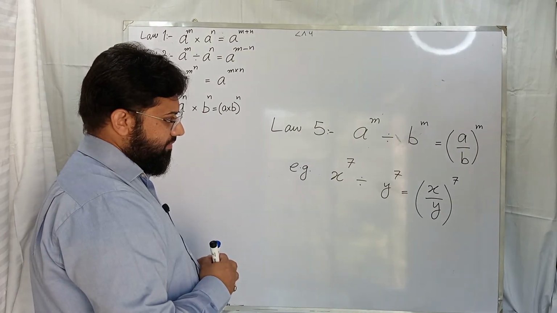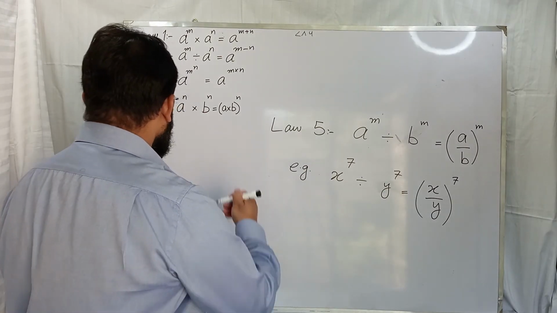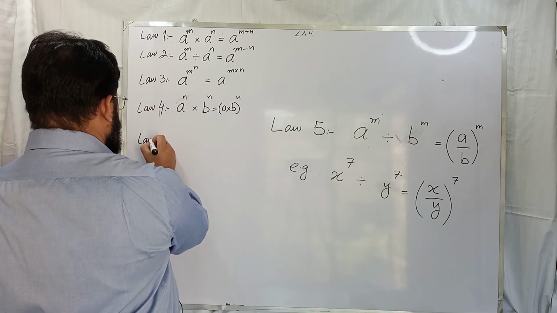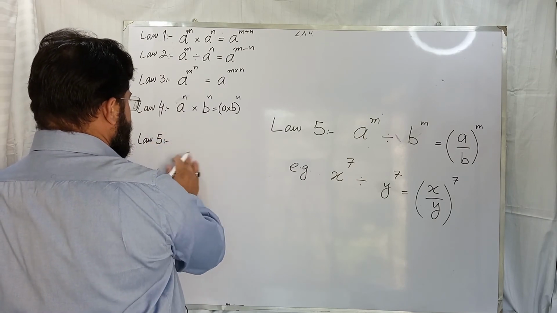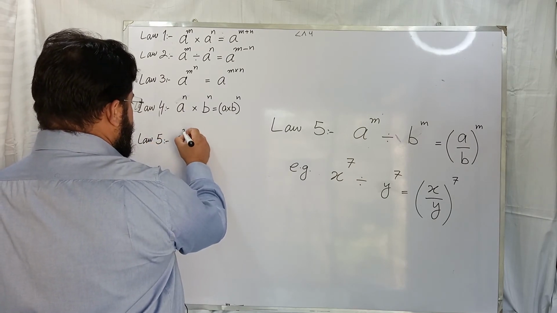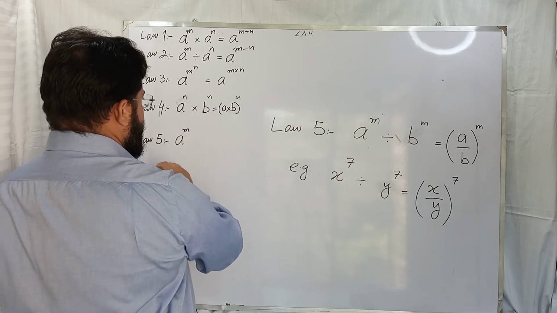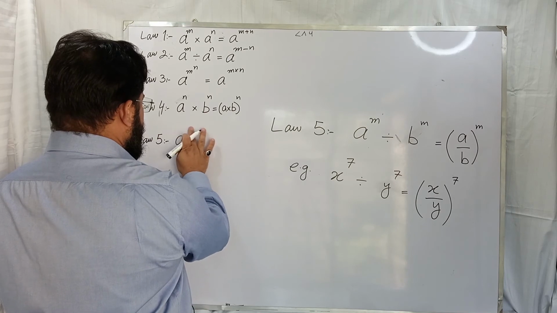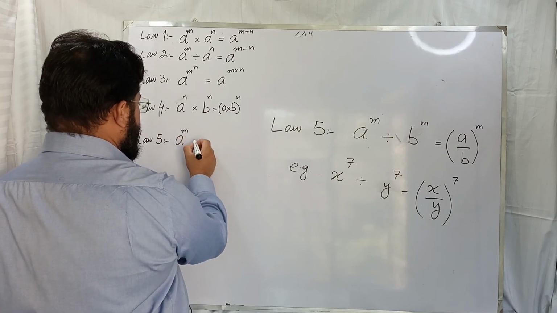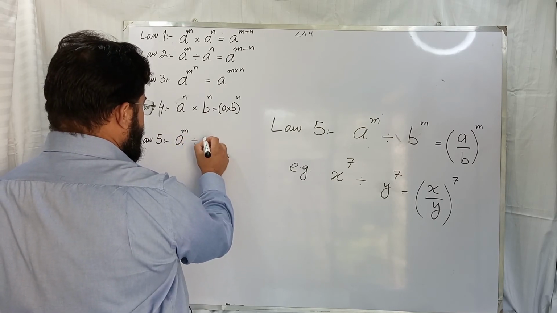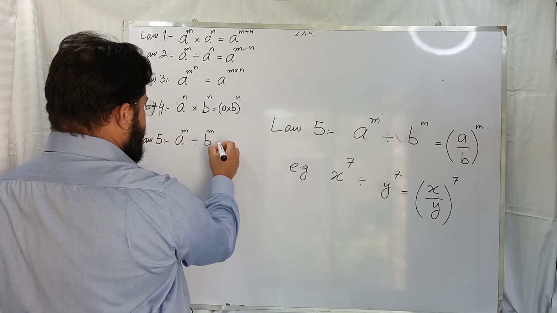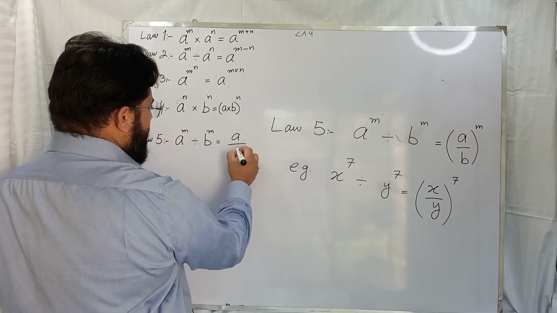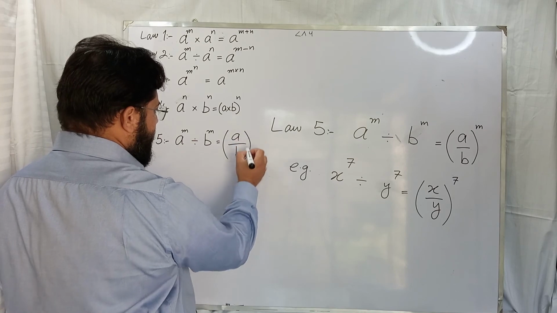Bases are different, power is same. So this law number 5 tells us that if we are having a to the power m divided by b to the power m, it will be a over b whole power m.